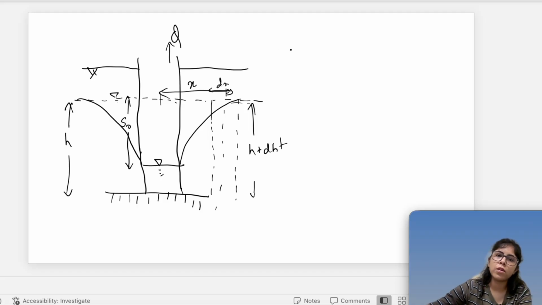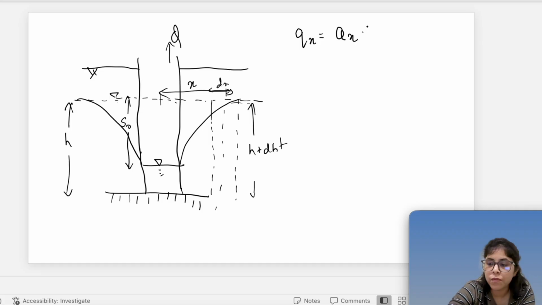Now if I want to calculate the discharge in this dx area only, the discharge qx can be written as Ax into Vx. At this point, what is the velocity, and at this point, what is the area?